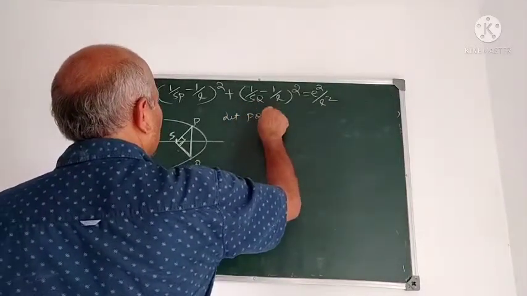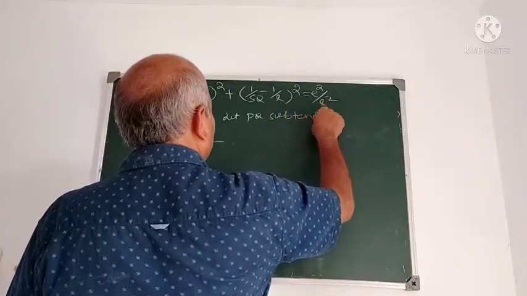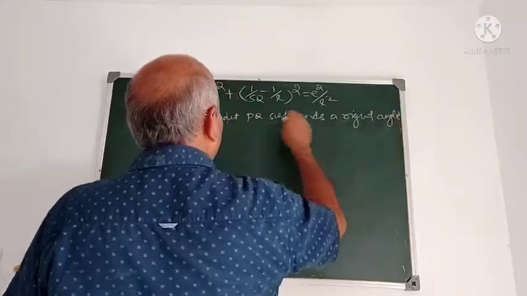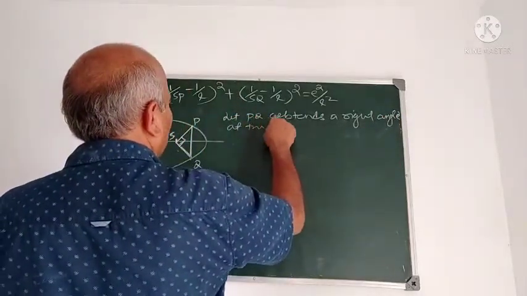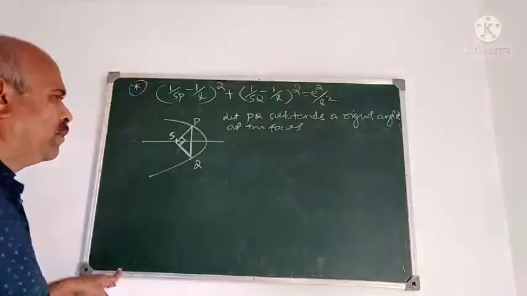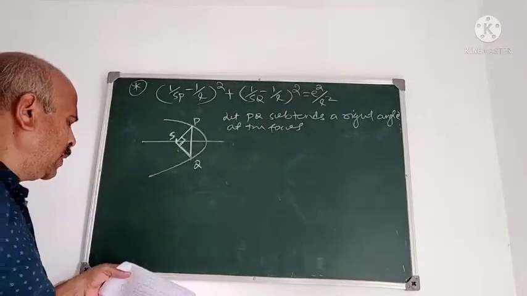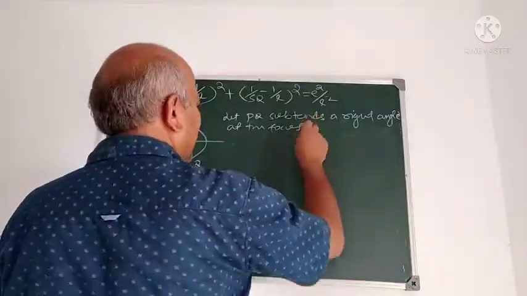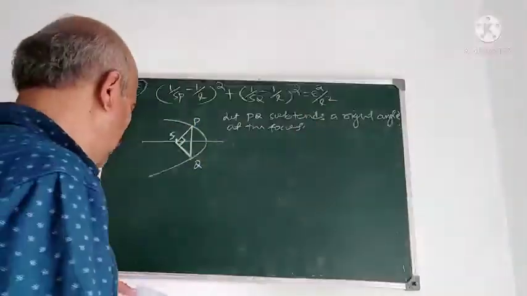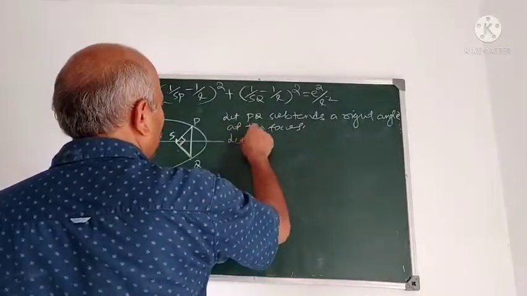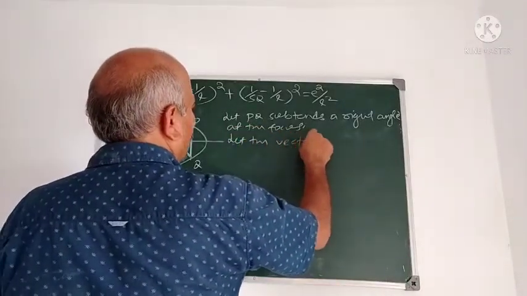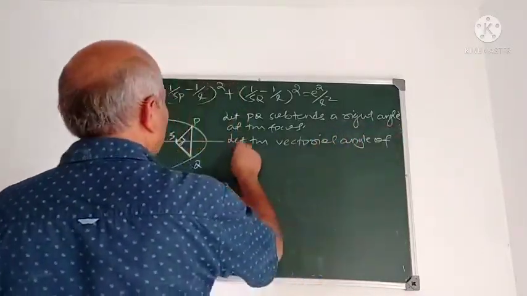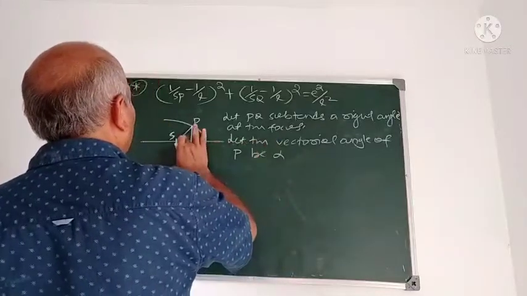Then prove this one. What is given here? That chord PQ subtends a right angle at the focus. Then what you have to prove? You have to prove this one. For that, let the vectorial angle of P be alpha.